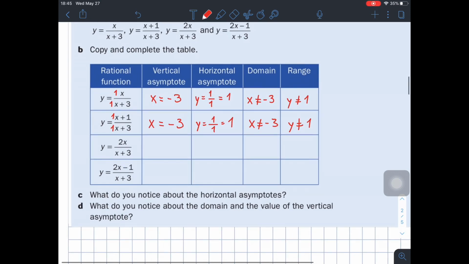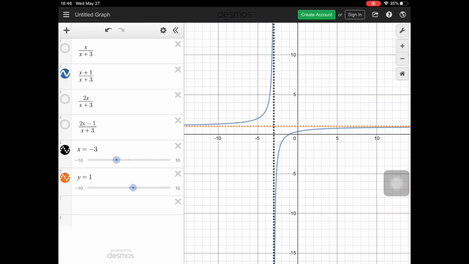Then the next case. What do you think the horizontal asymptote should be for this particular case? If you understood the rule, you would notice that the horizontal asymptote in this case should be y equals 2, right? Because it's 2 divided by 1, which is 2. So let's see if we can appreciate that in the graph. I'm going to graph this function over here.